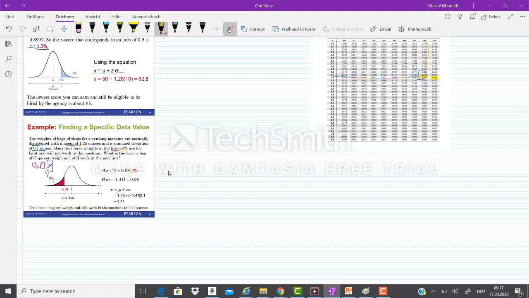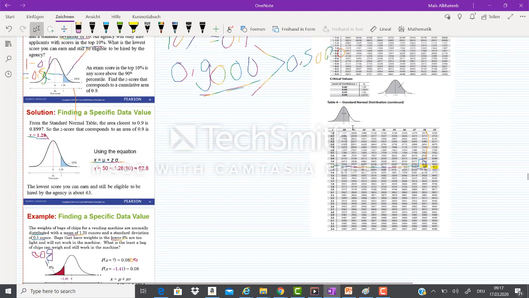If we want to search for it, which table do we go to? We go to the negative table, because it's smaller than 0.5000.